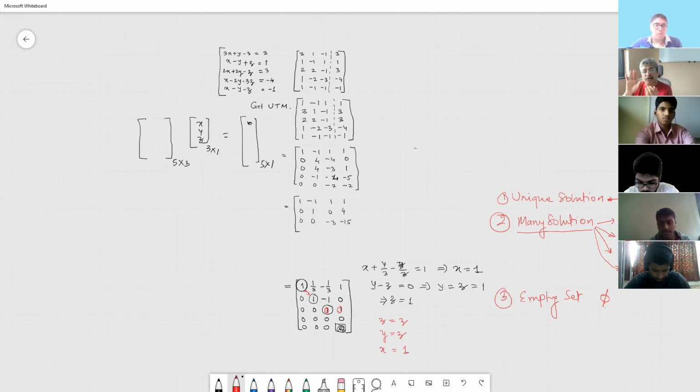matrices and determinants. How do you efficiently do the calculation? As I said, a 100 by 100 determinant is impossible to solve. However, if you row reduce it by the method that we have learned, by the algorithm that we have learned, which can be programmed, we can ask the computer to reduce the given matrix so that it becomes upper triangular.